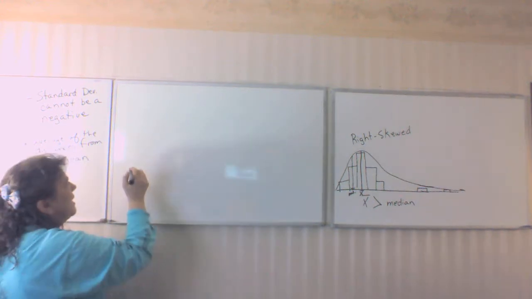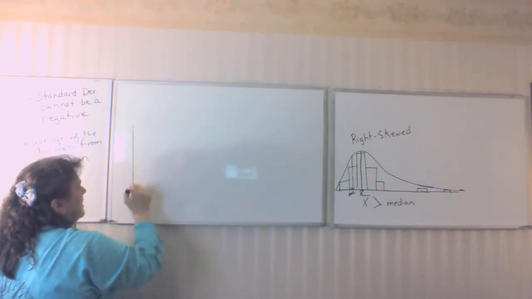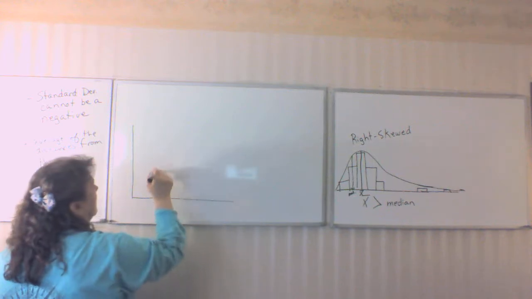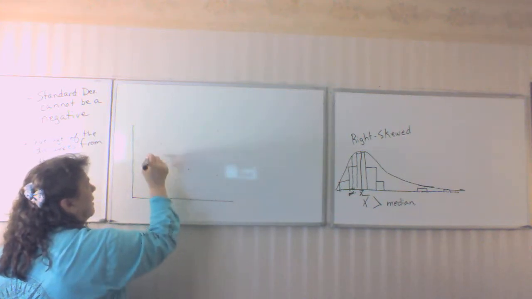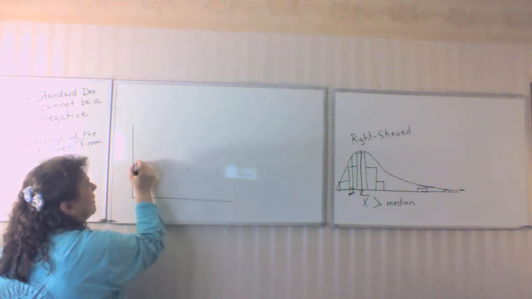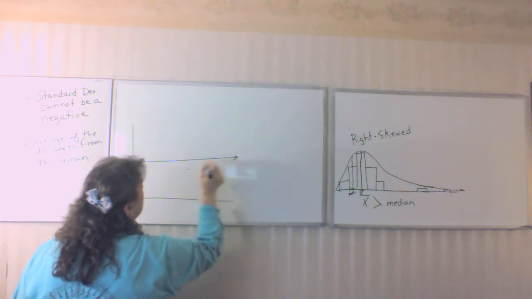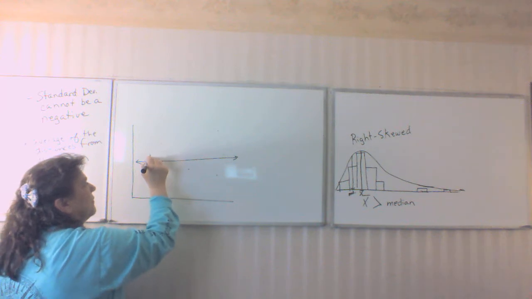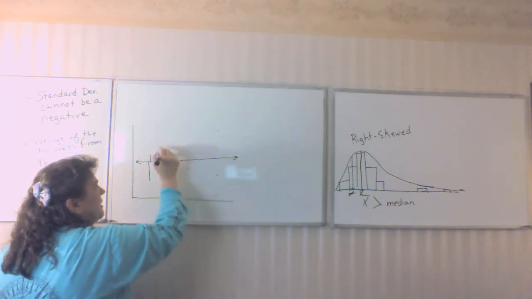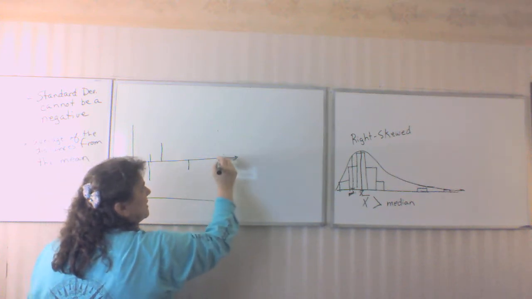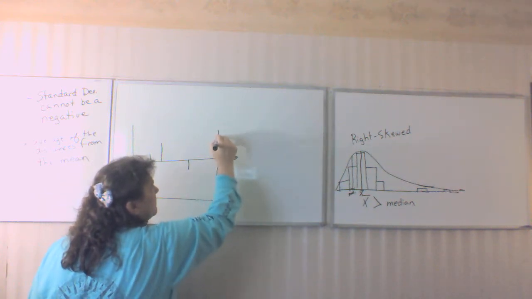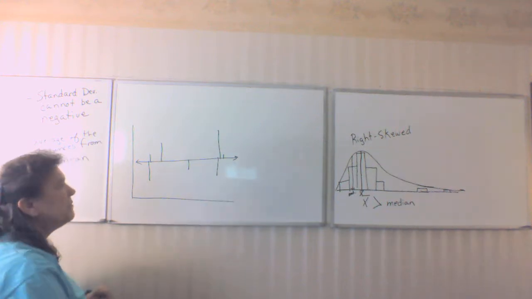So if we were to have a set of data, the mean would be expressed in a horizontal line. The distances are these. This is what your standard deviation is. It's the average of the length of those distances from the mean.